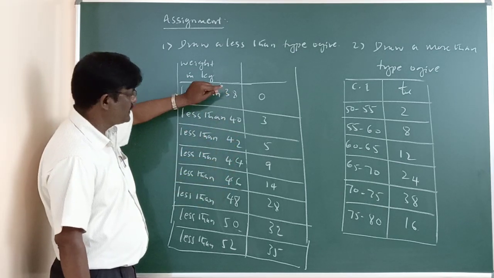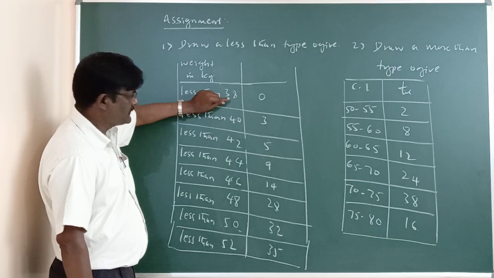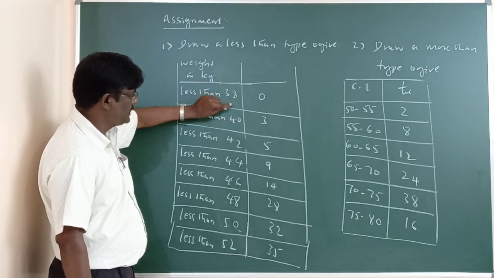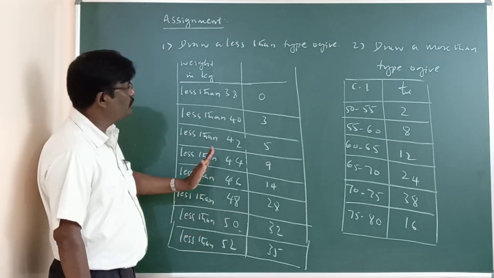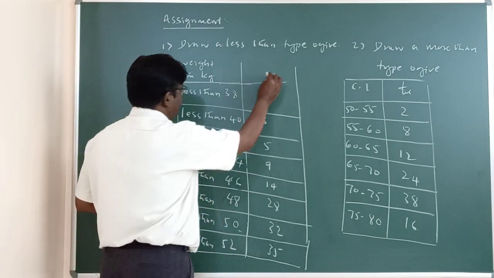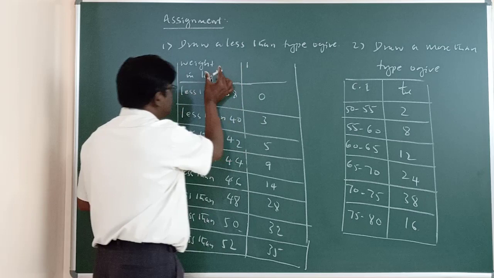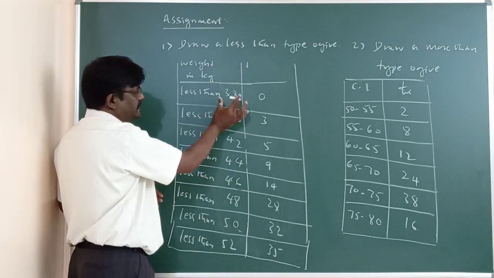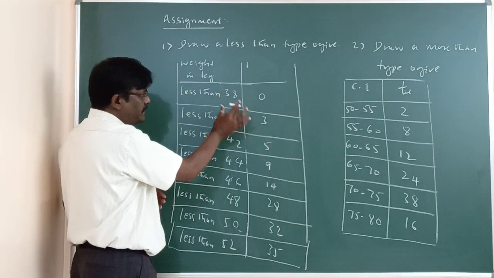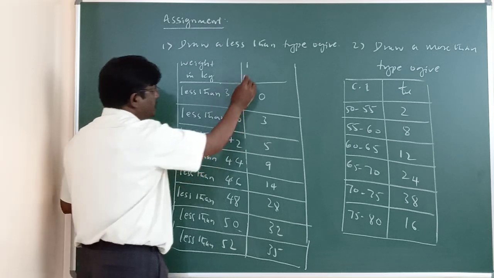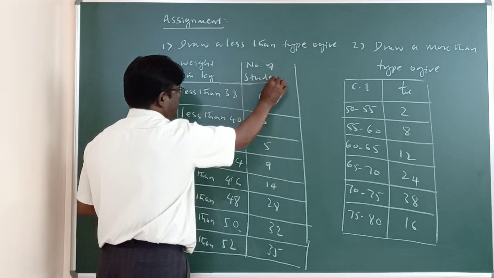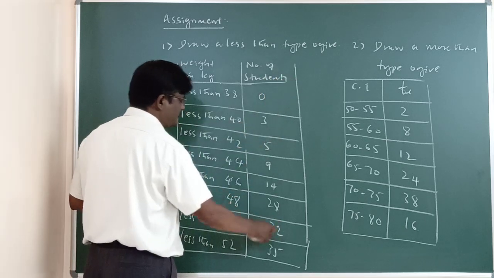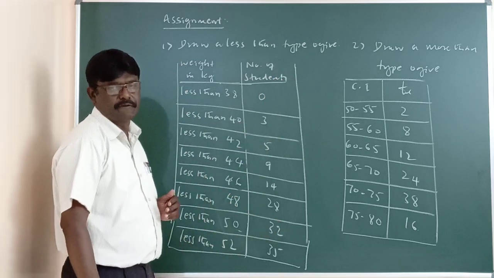Hence, along the x-axis, we have to mark 38, 40, 42 and so on. Just look at the frequencies now. Here it is in the text, given clearly in the exercise. For detail, you look at the text. Number of students. Then what are these? These are cumulative frequencies.